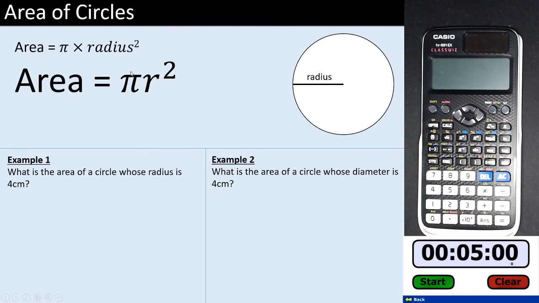Okay? So how do we find the area for this? Well, we use our formula and we do a calculation. Okay? So let's have a look at two examples. Okay, so that we can see it in action, and then we'll have a go at it ourselves.